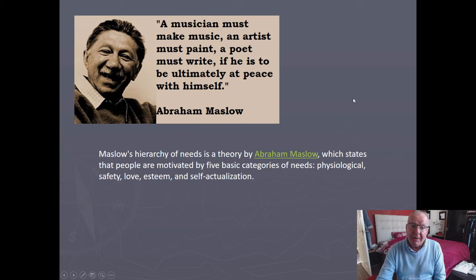Right, Abraham Maslow: a musician must make music, an artist must paint, a poet must write, if he is to be ultimately at peace with himself. Okay, so basically what we're saying here is that we all have innately this potential to self-actualize.